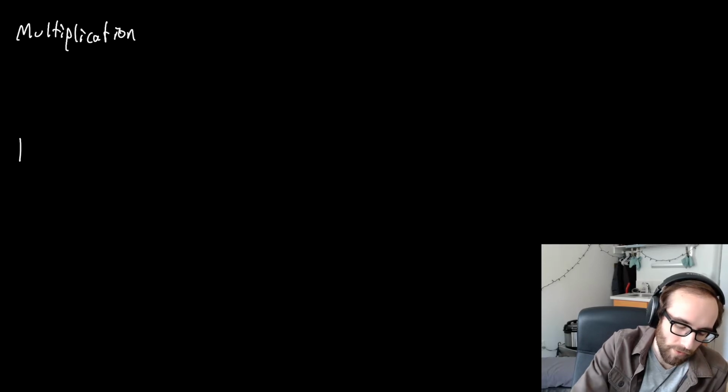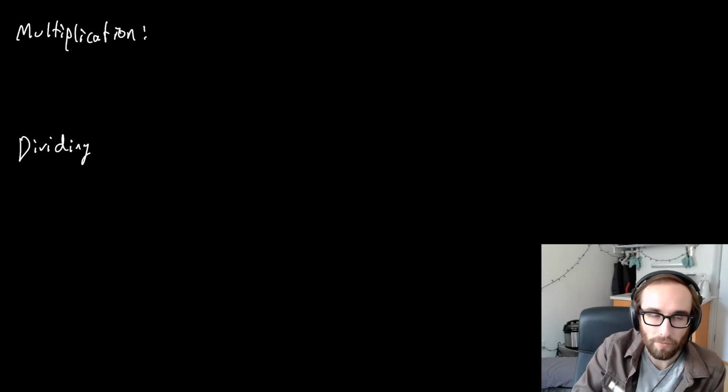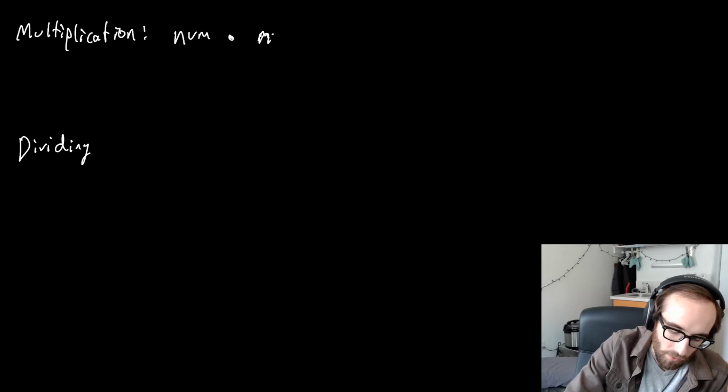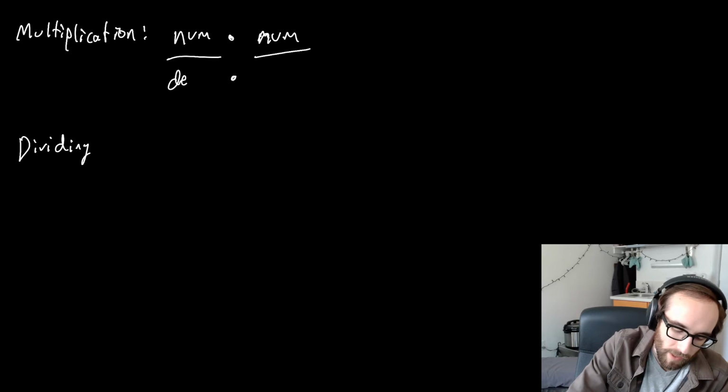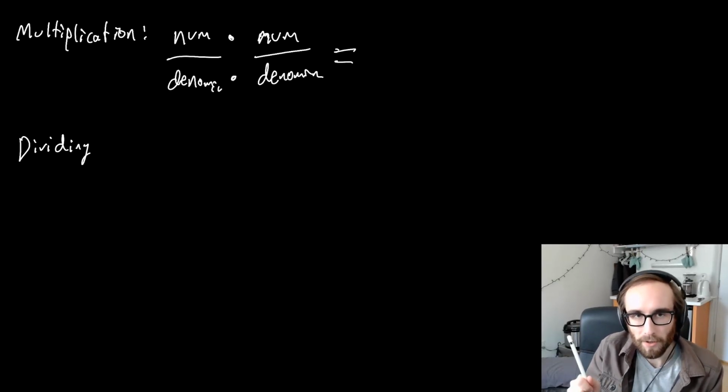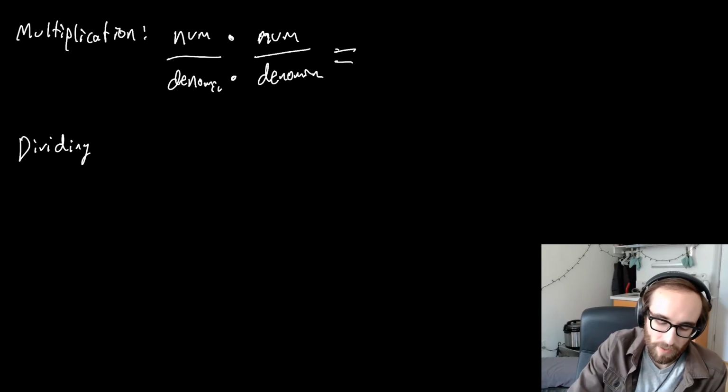And then we'll go through another example. For multiplication of fractions, we take the numerator and multiply it by the other numerator, and we multiply the denominators. So we multiply across the top and across the bottom to end up with our answer or result.